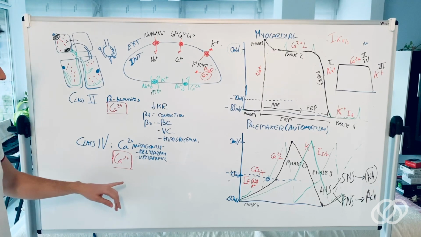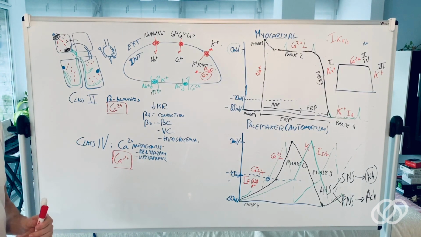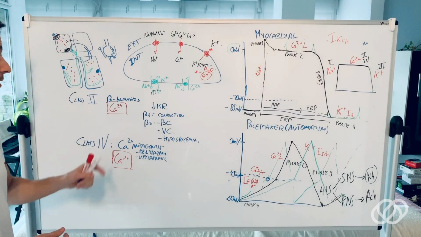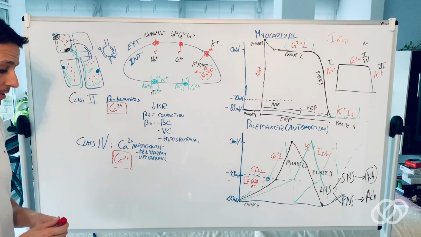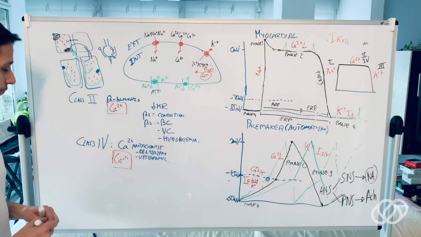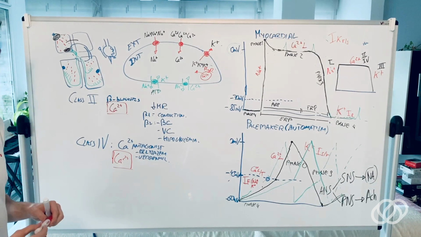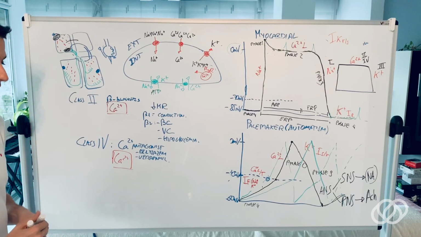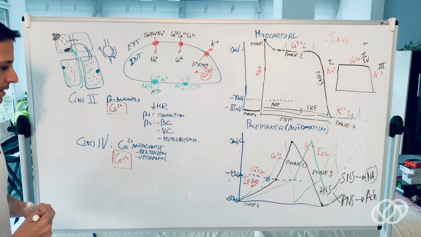So the side effects of the calcium antagonists are also different from those of beta blockers, mainly because they can also block the calcium in the smooth muscle cells, which can be located in the vessels.